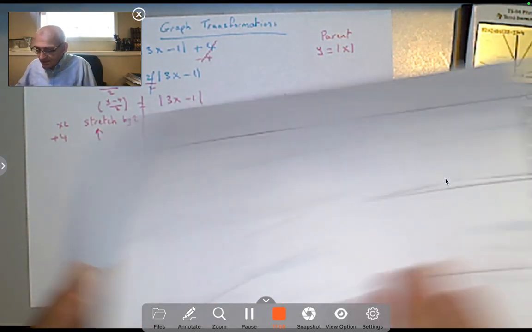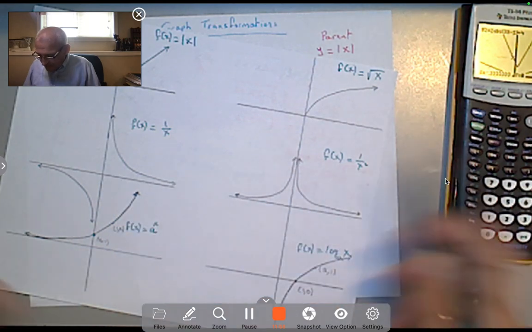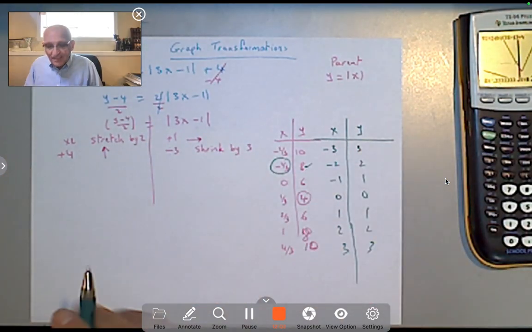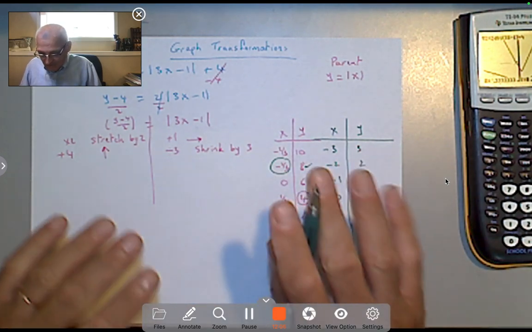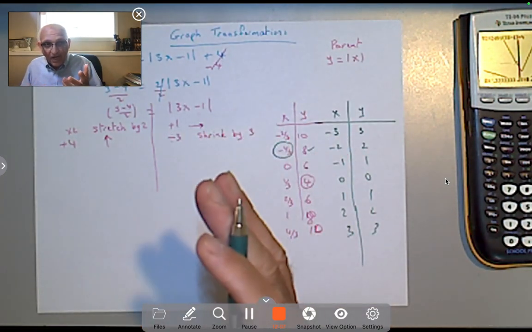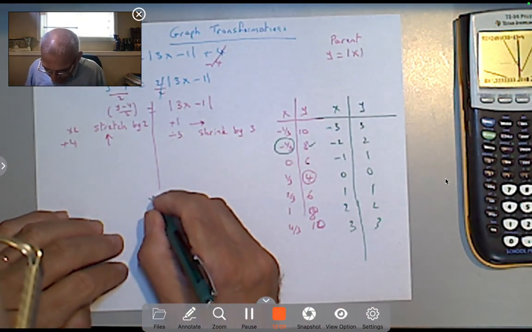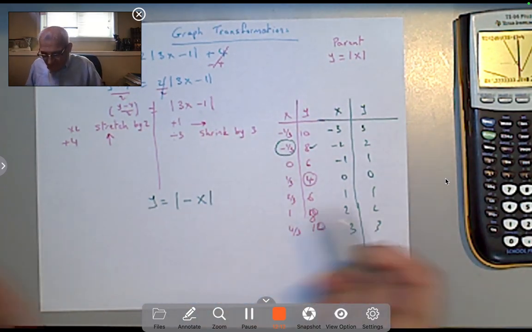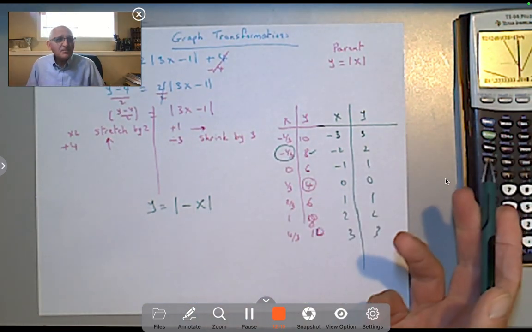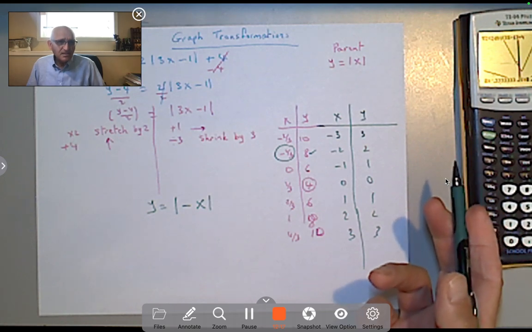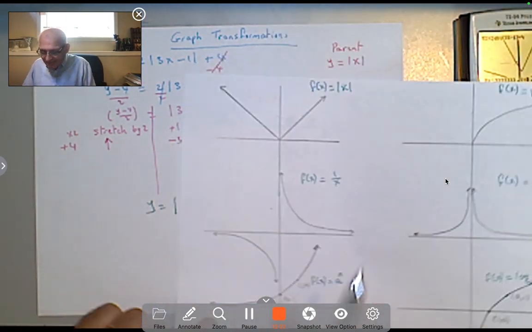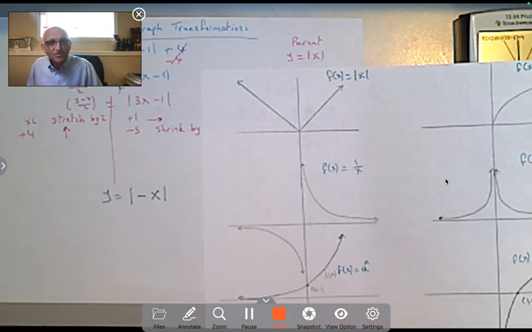Let's try something else. Suppose, and this is for you to see why, I have y equals the absolute value of -x, and you say the absolute value of -x is the same as the absolute value of x, right? Because the absolute value of -4 is +4. So I should get the same graph.